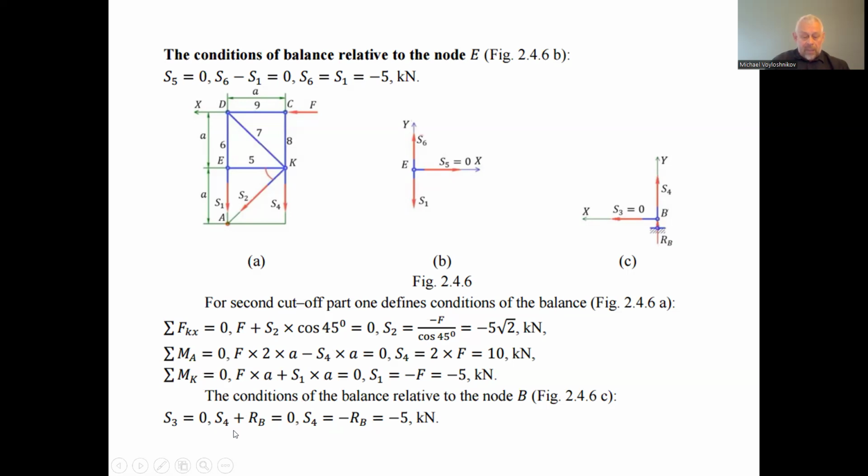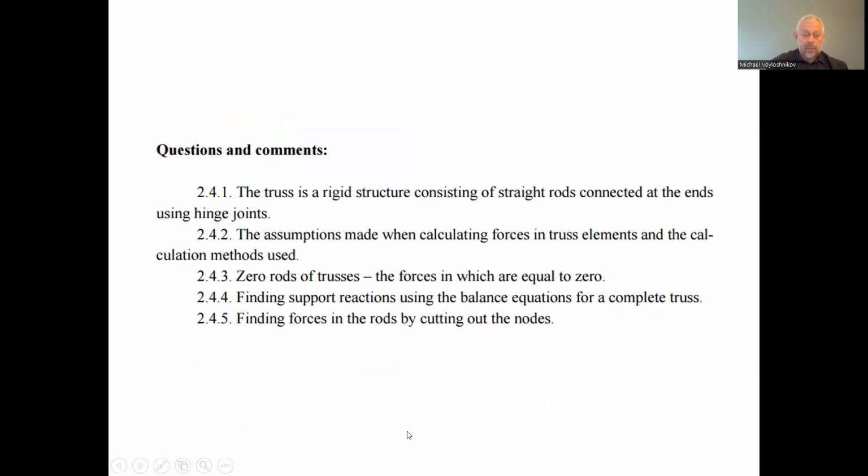So the projections on the ordinate axis y of forces acting in the fourth rod of the assigned truss and the direction we got before, RB, have to be equal to 0. And that's why, having the RB equal to 5 got before, the force S4 in rod number 4 is equal to RB, minus 5 kilonewton.